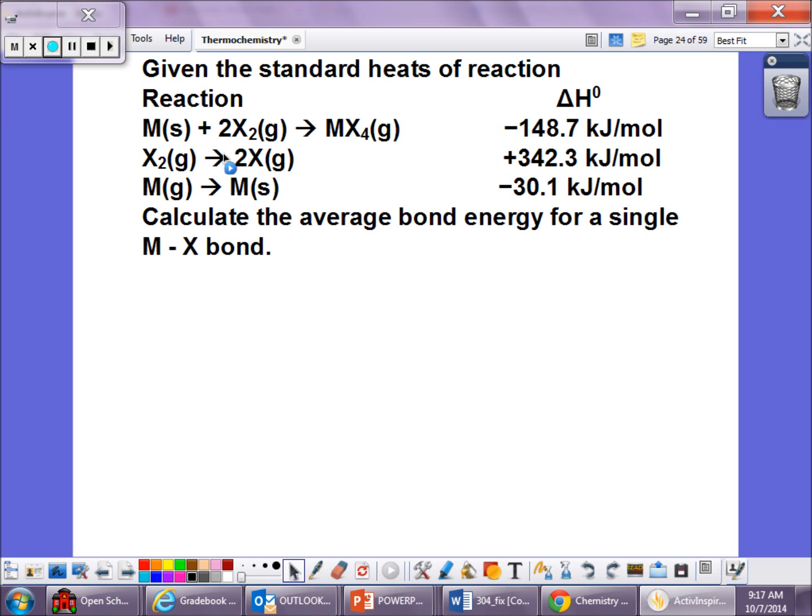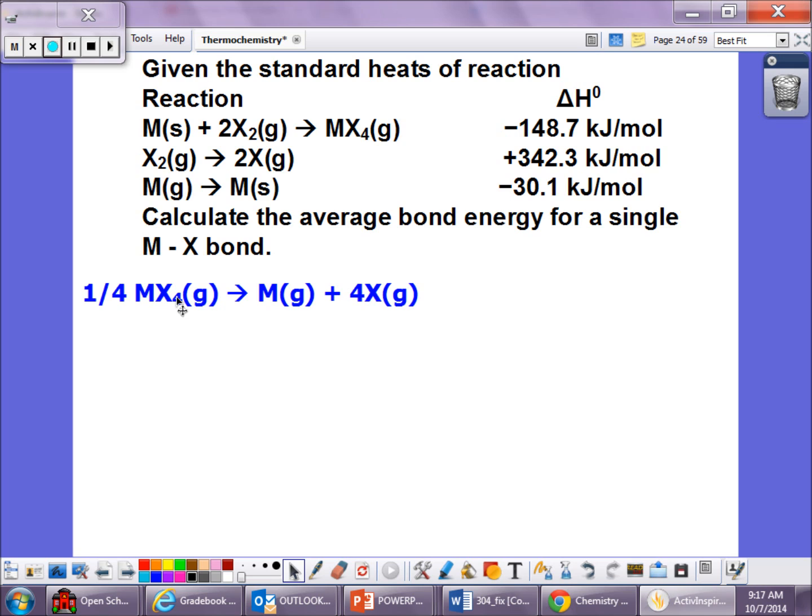They don't give us a target equation. So we need our MX4 on the reactant side, broken down into M plus 4X.